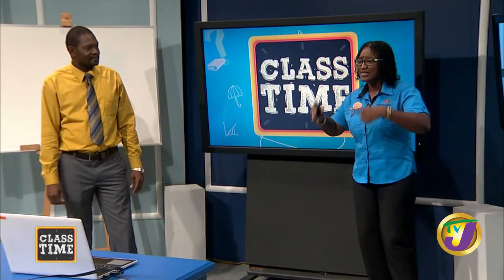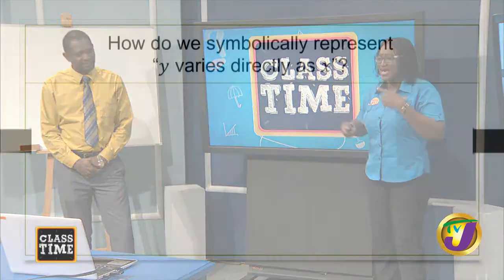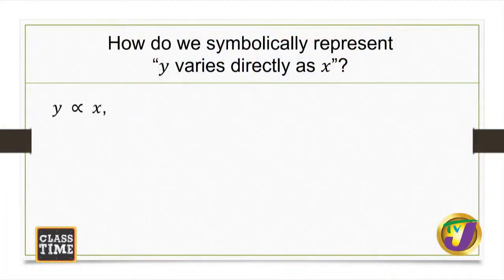How do we represent y varies directly as x? Here's the symbol, students in TV land. We read it as y varies directly as x, or y is proportional to x.